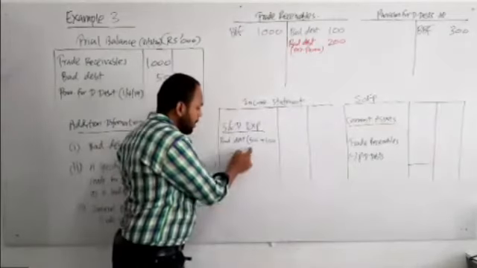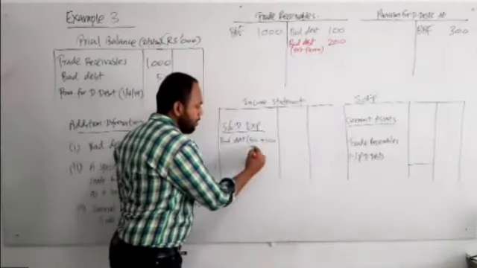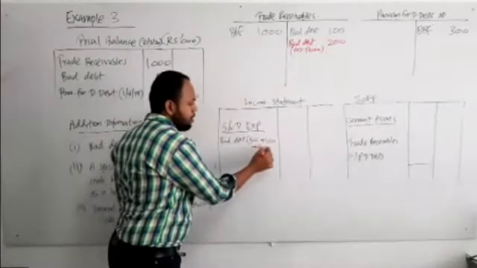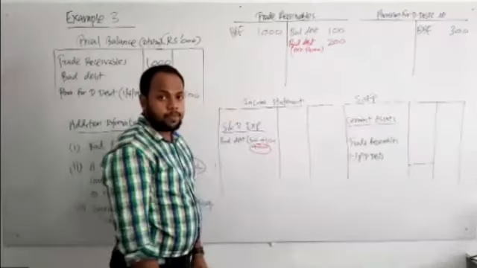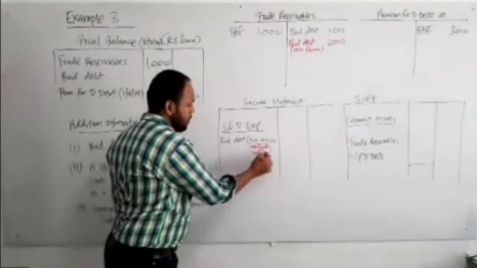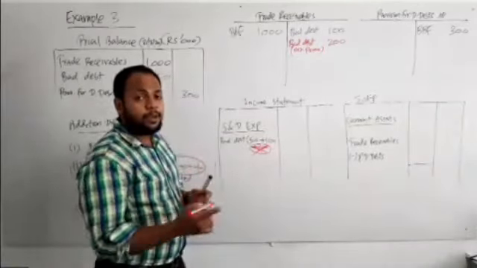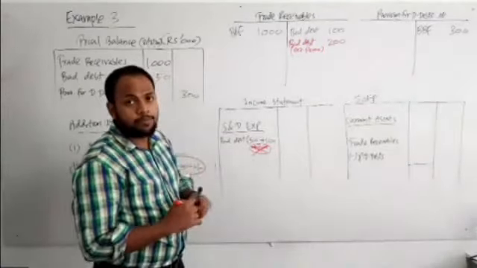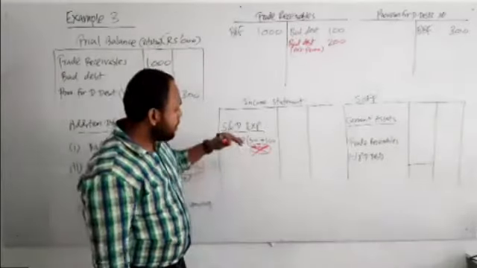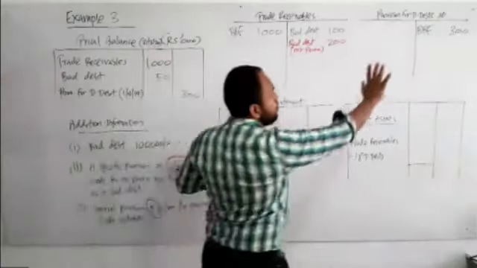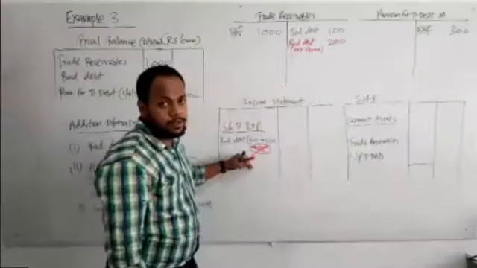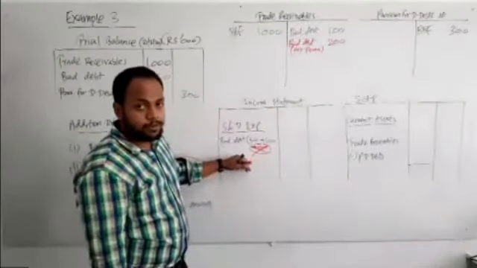Can you increase the bad debt? Can you take 200 here? You can't. Because when you make a specific provision, the other entry is expense account debit, provision account credit. Already you made that provision.